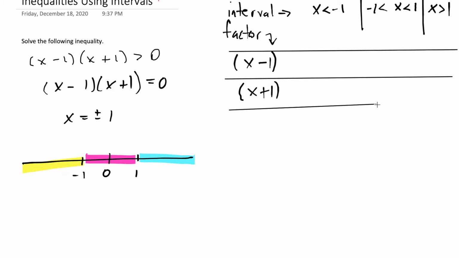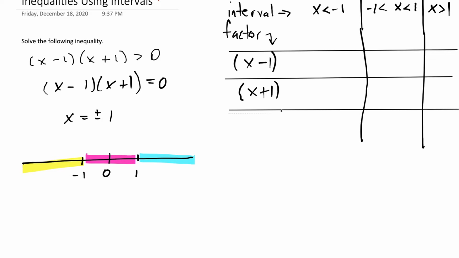And then also notice that these factors are being multiplied. So I'm going to have a row showing the multiplication of those factors. So this will be called product.